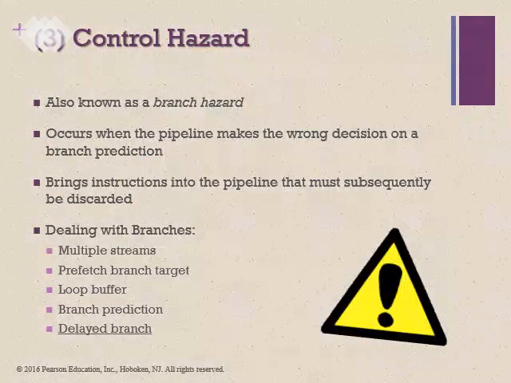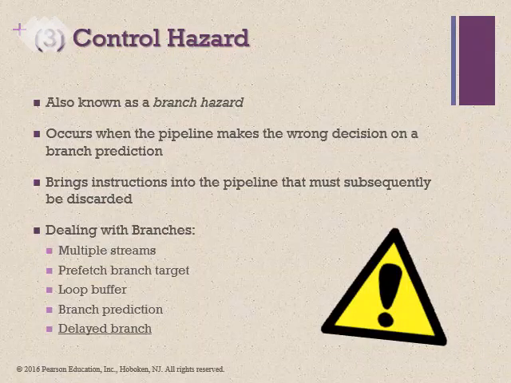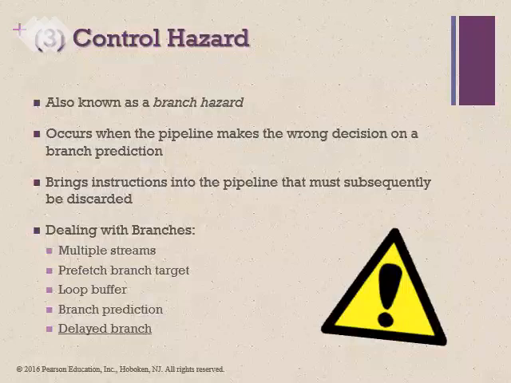Now the third hazard. A control hazard, also known as a branch hazard, occurs when the pipeline makes the wrong decision on a branch prediction and therefore brings instruction into the pipeline that must subsequently be discarded.